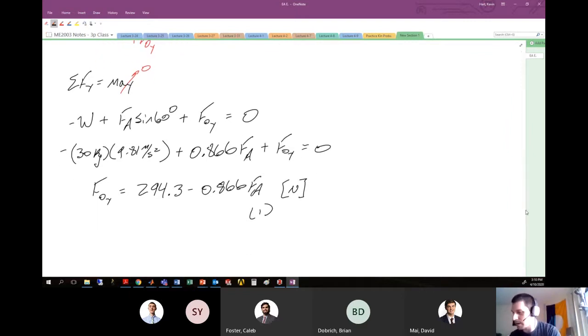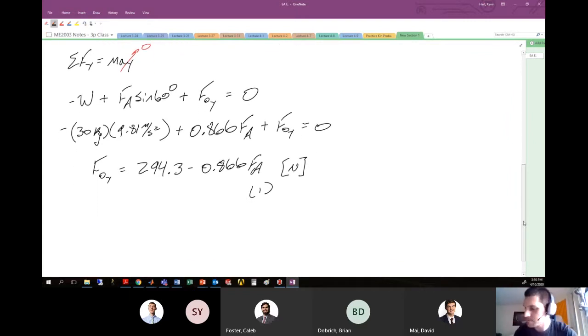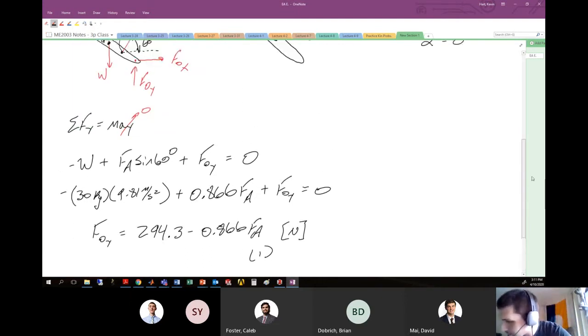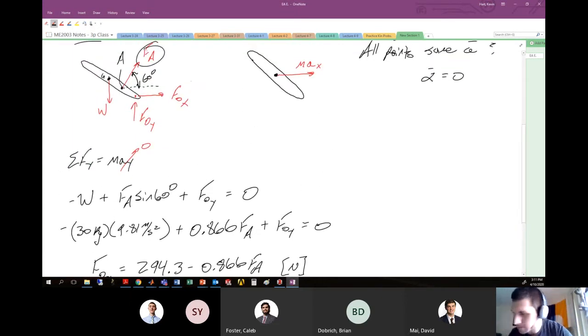Can do some similar work on the forces in the x direction. So now let's look at the sum of the forces in the x direction equals MAX, take it to the max. All right. So we've got a component of the force at A here in the x direction, so we need to account for that.